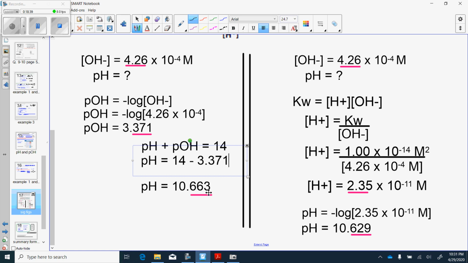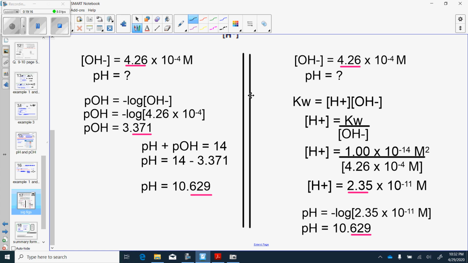And when I do that, I get an answer of 10.629. Both methods are going to work out exactly the same way. So that's one way you can do it. You knew your OH, so you went directly to pOH, and then remembering pH and pOH equals 14, by subtracting you found your pH.